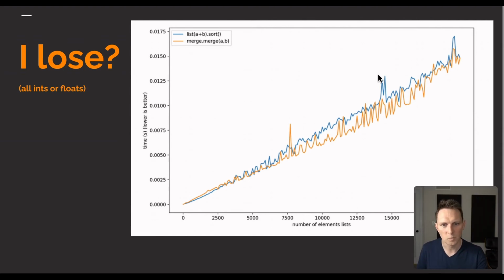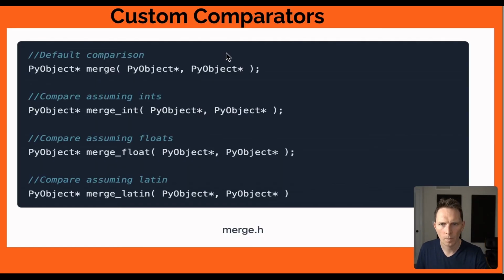And in some weird cases, it's even worse. So once again, my intuition is telling me that doesn't seem right. Why would it matter if it's ints or not? That doesn't make any sense. So I need to look into this.